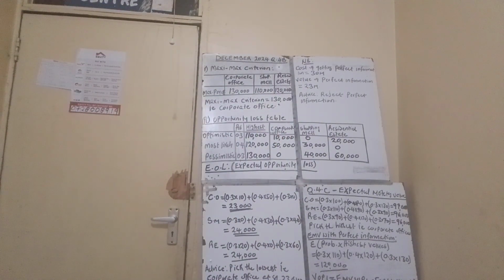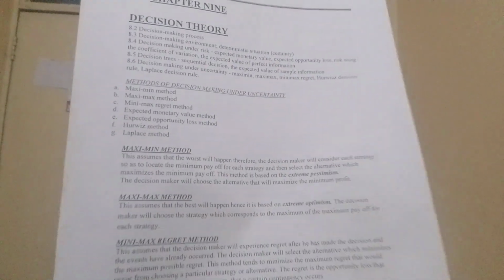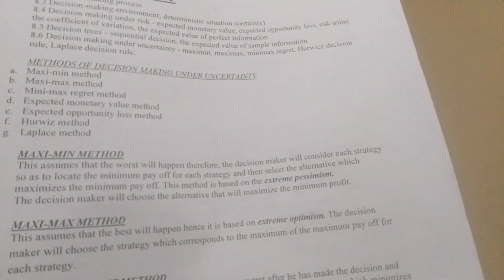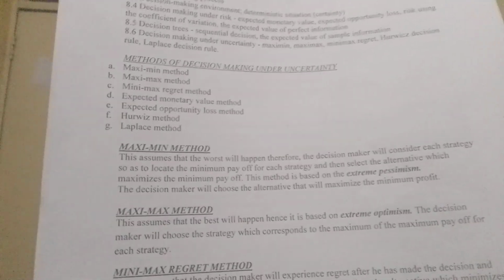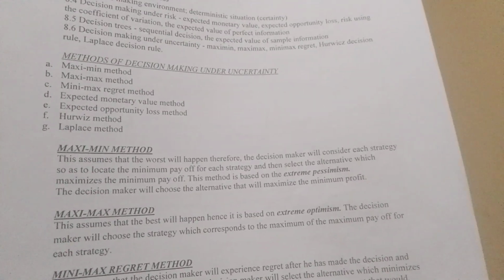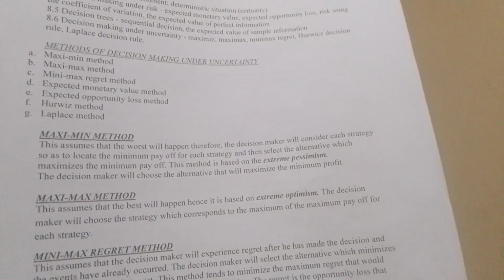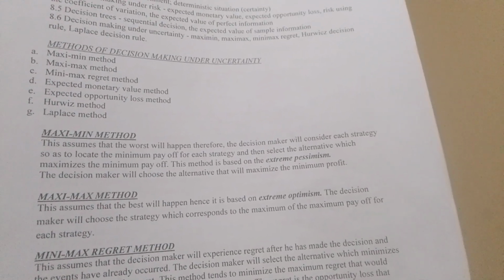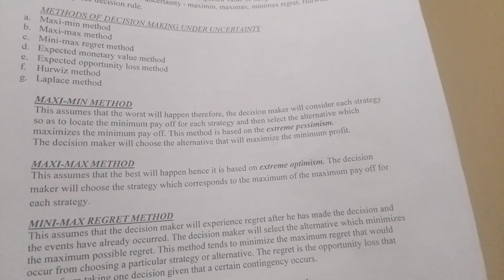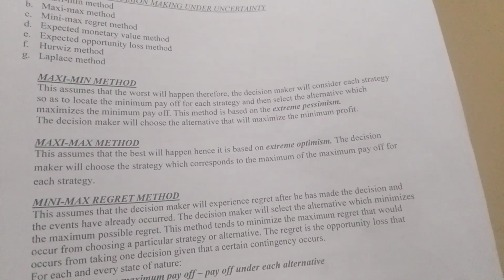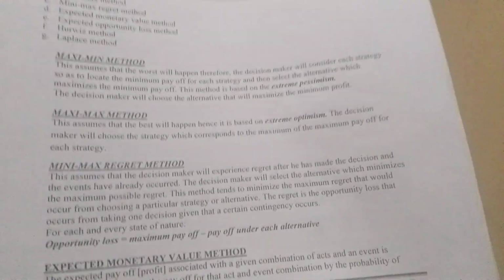Now, if you go to our YouTube, this is what you expect. This is what we presented yesterday. We did some methods of decision making and uncertainty: maximin method, maximax method, minimax regret method, expected monetary value method, expected opportunity loss method, Hurwicz method, and Laplace method.